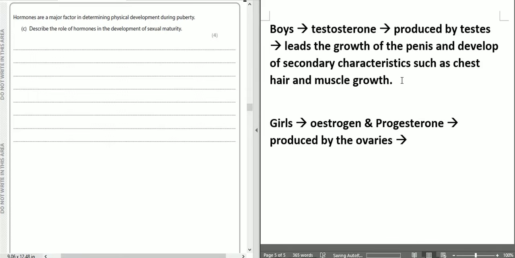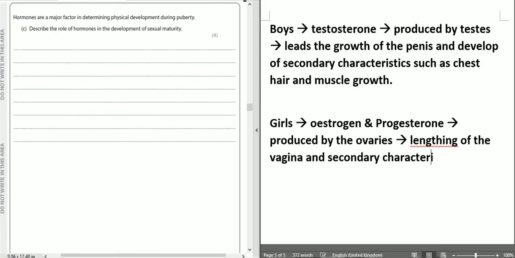Now, if we're thinking about physical development, my initial idea was to talk about how it leads to menstruation and also regulates the menstrual cycles. But obviously with physical development, I'm going to change my answer. I'm going to put the physical changes that occur, such as lengthening of the vagina for girls and secondary characteristics such as breast development.